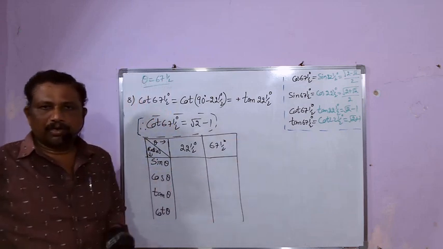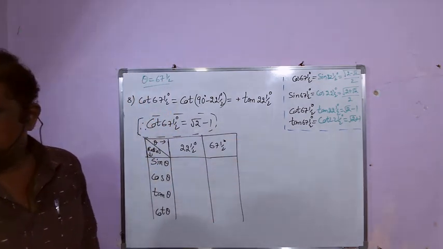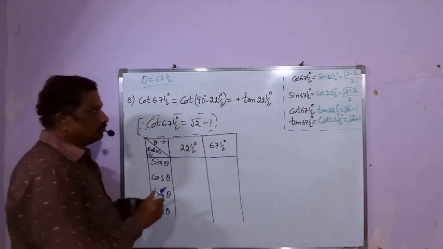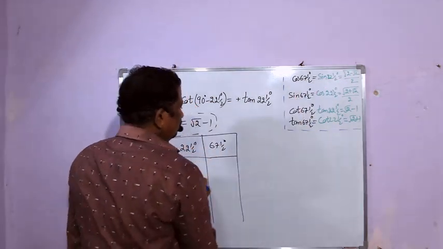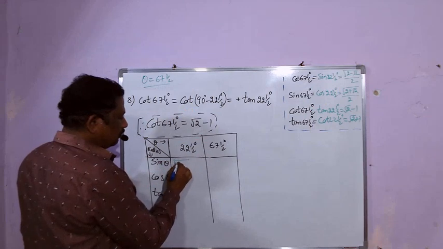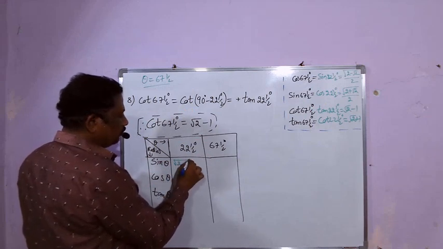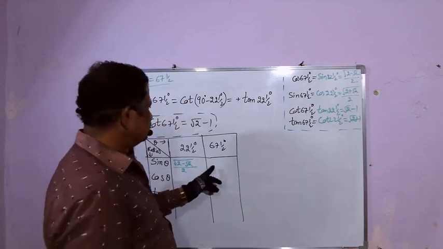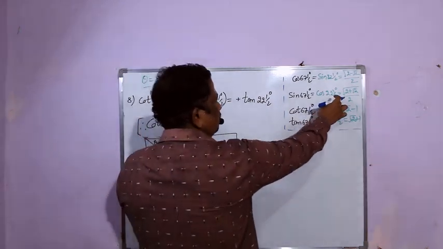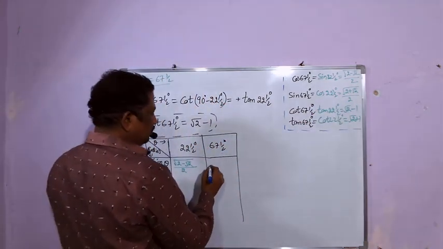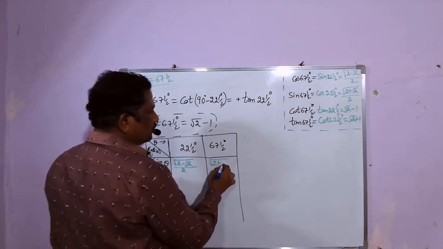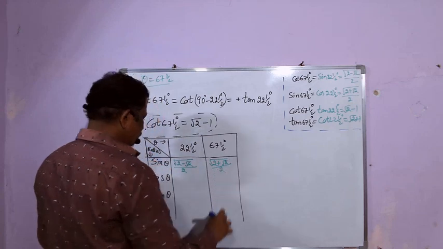Now substitute the values. Already we got them. What is sine 22.5 degrees? Under root 2 minus root 2 divided by 2. Next, sine 67.5 degrees. Under root 2 plus root 2 by 2.